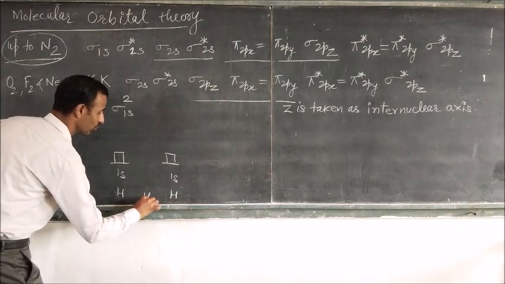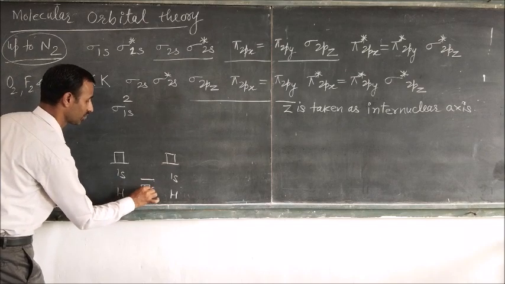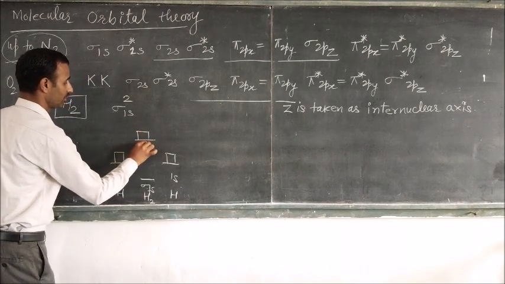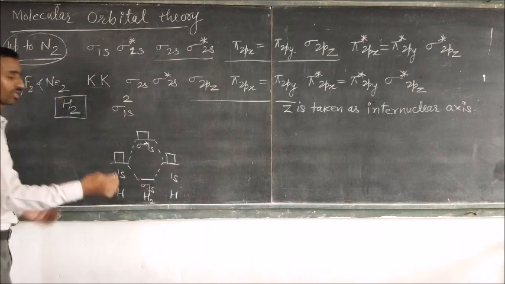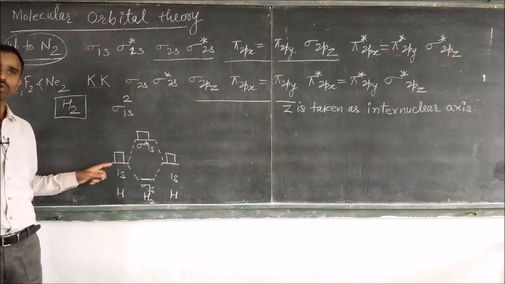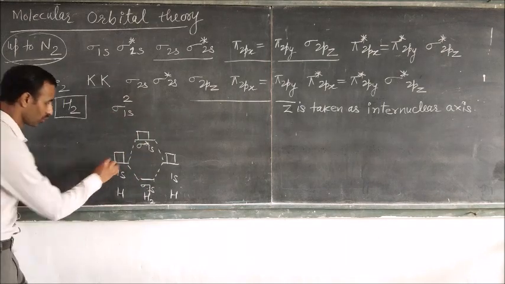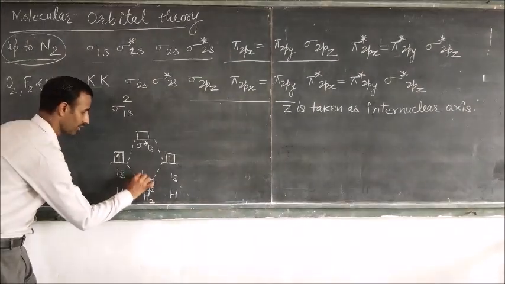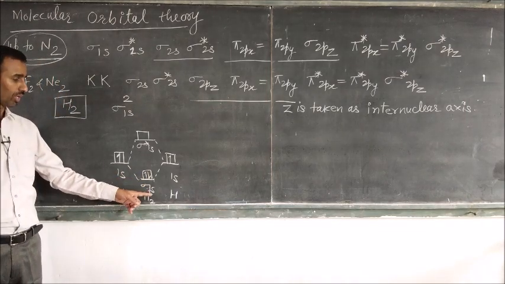Now the H2 molecule: this is sigma 1s, sigma star 1s, because when 1s orbitals overlap with each other, bonding has lower energy than pure atomic orbitals, anti-bonding has higher energy than pure. So this is 1s1, 1s1, and this becomes sigma 1s2.